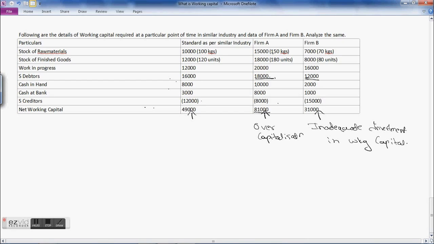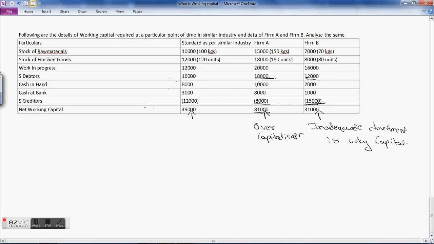Then sundry creditors. The normal credit allowed by sundry creditors in the standard industry is 12,000, whereas firm A is not able to negotiate properly with its creditors, so it is having only 8,000. It can get only 8,000 of sundry creditors at a point of time, whereas firm B is negotiating very well with creditors and managing to get 15,000 credit.